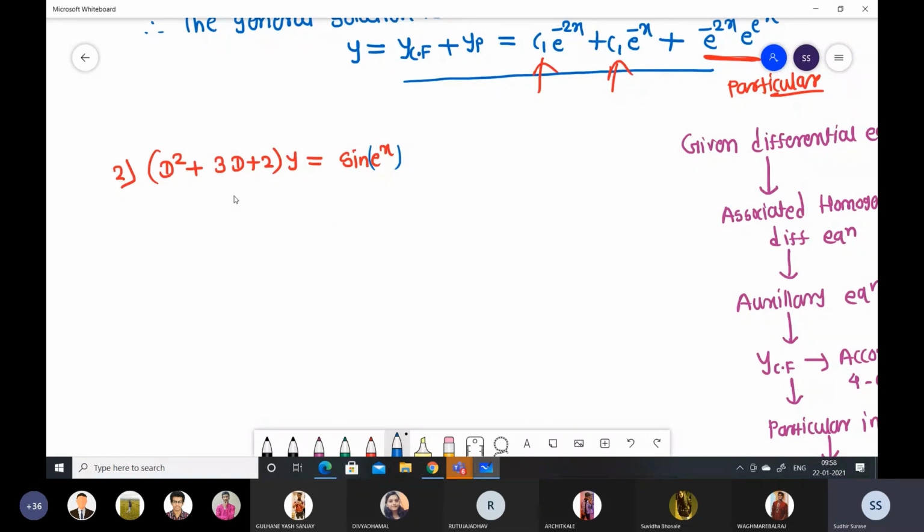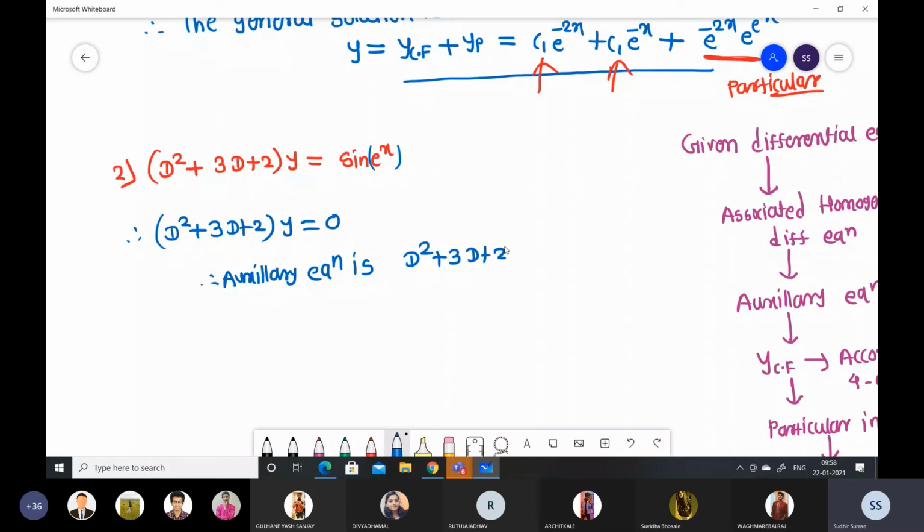Now talking about this example, the associated homogeneous differential equation is D square plus 3D plus 2 times y is equal to 0. Therefore the auxiliary equation is D square plus 3 times D plus 2 is equal to 0. Now can you do the factorization of this?